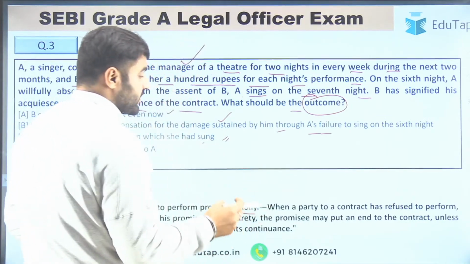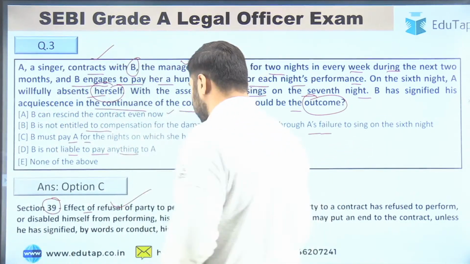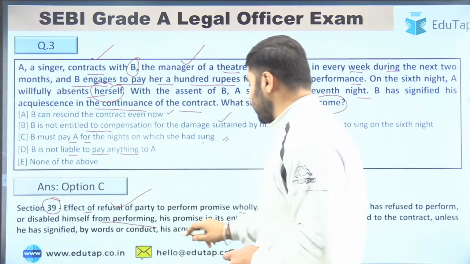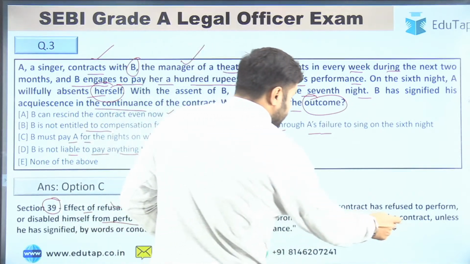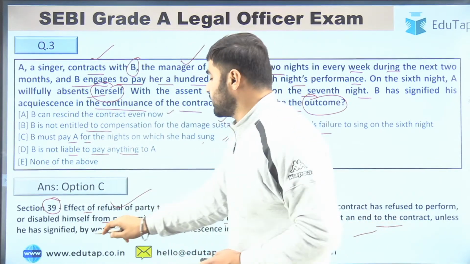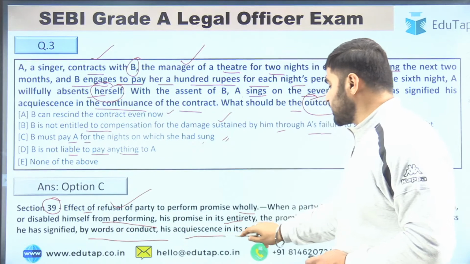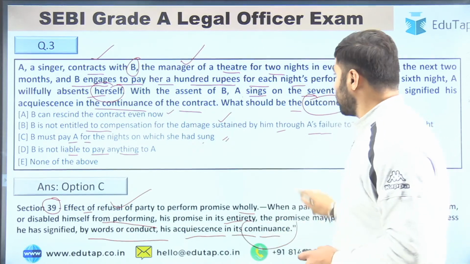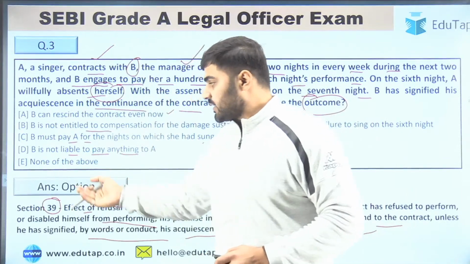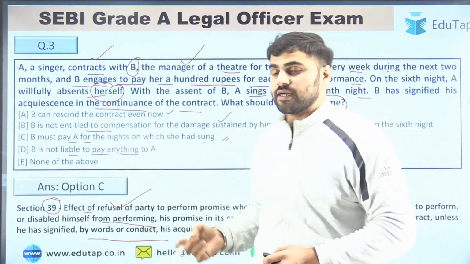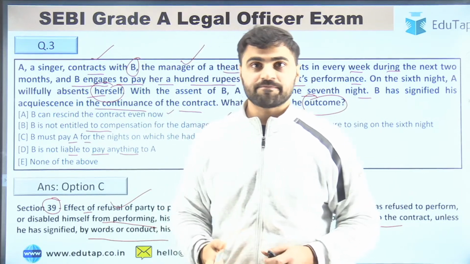When a party to a contract has refused to perform or disabled himself from performing his promise in its entirety, the promisee may put an end to the contract unless he has signified by words or conduct his acquiescence in its continuance. Here B has done the same, right? So this illustration was directly based on section 39 of the Indian Contract Act.